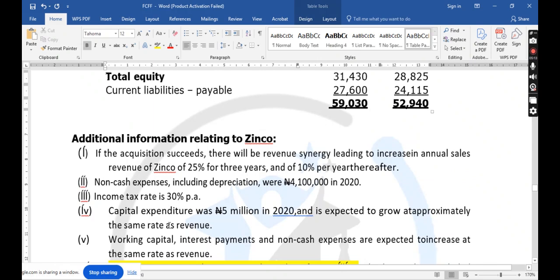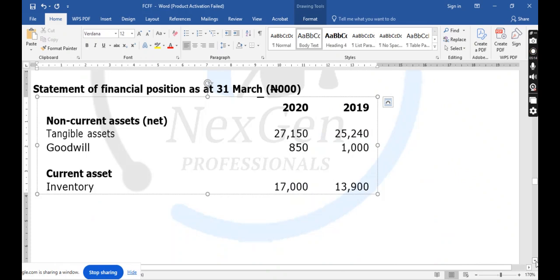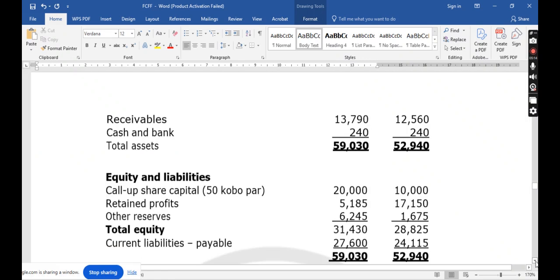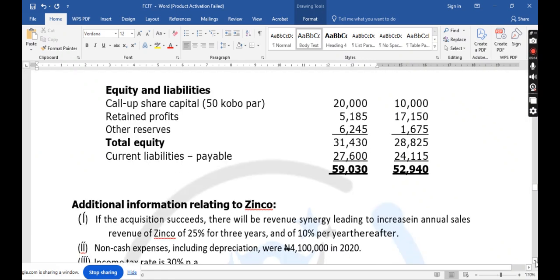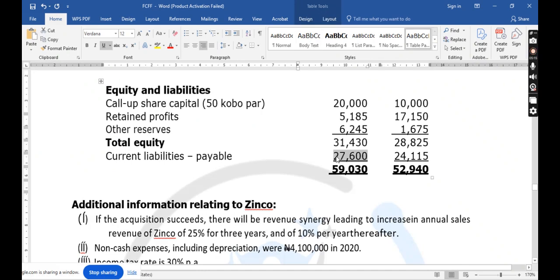So we have to scroll up, and I don't know what happened to mine. So total liability. So this is current liability, right? I think the only current liability we have here is 27,600. No non-current liability, right? Class, there is no non-current liability here. Is that not so?